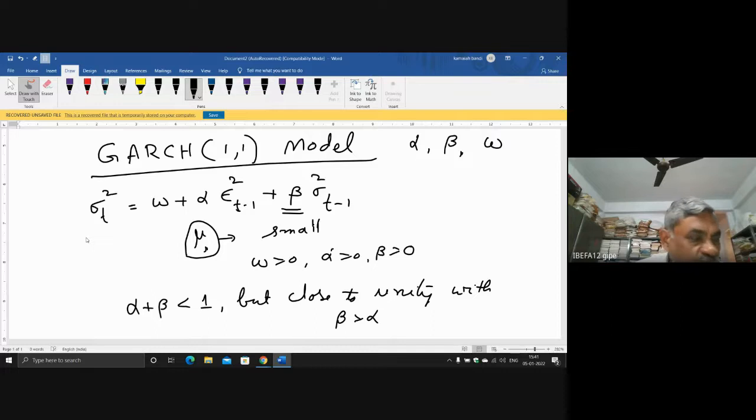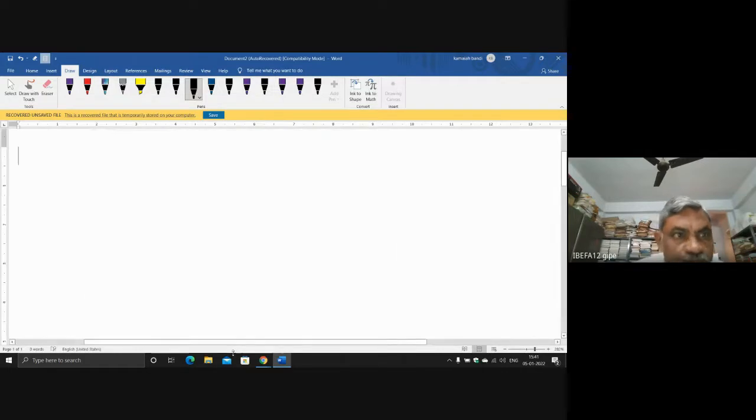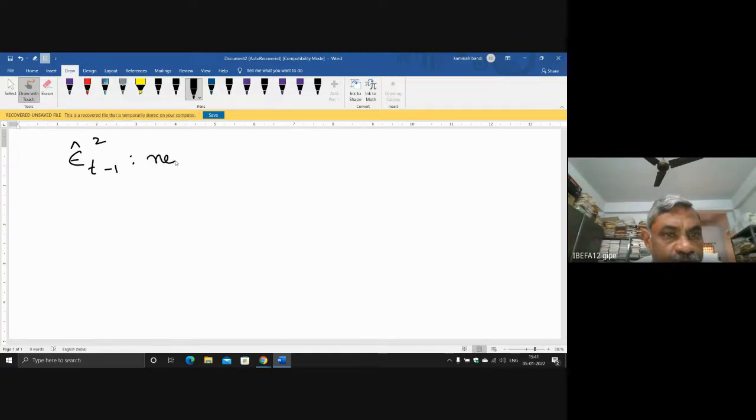Now, the meaning of epsilon t minus 1 square is news about volatility from the previous period.